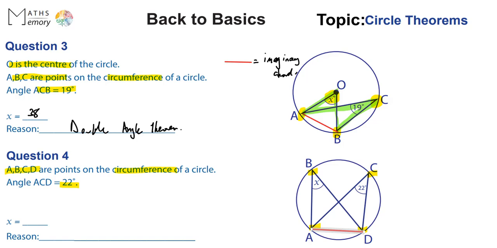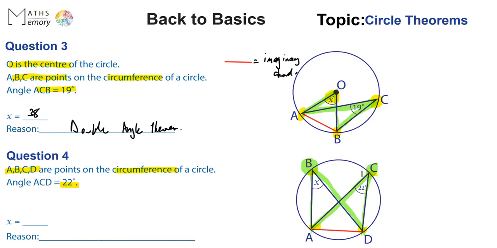We have two triangles clearly emanating from this baseline over here. The first one is ABD, and the second one is ACD. So we have two points hitting the circumference at B and at C. The one before, the double angle theorem, was center and circumference.